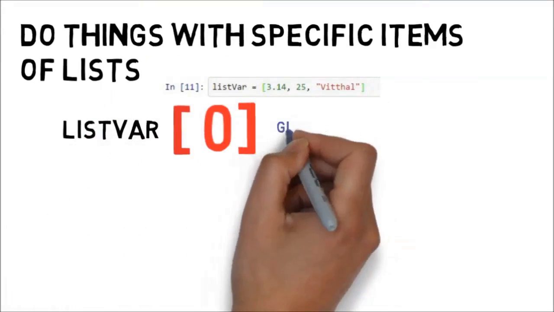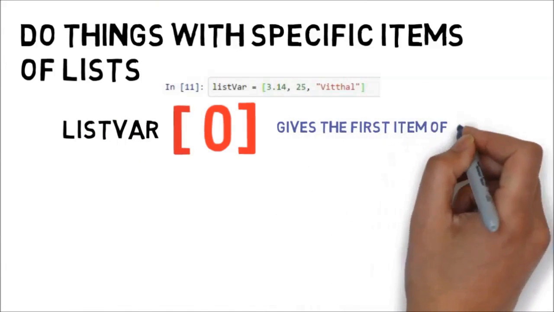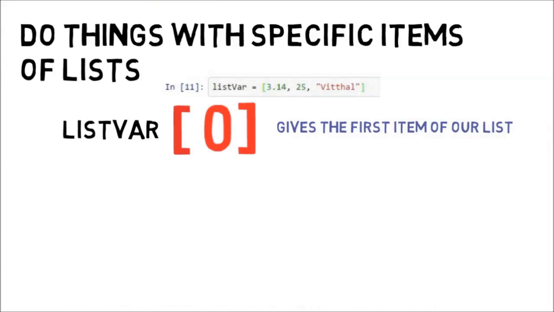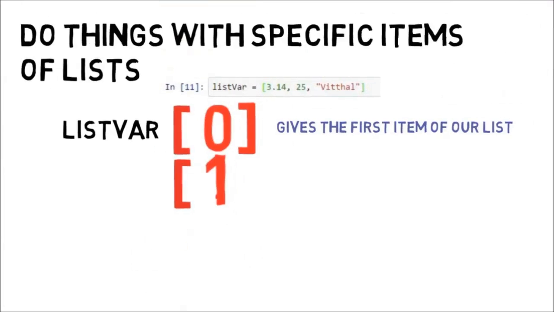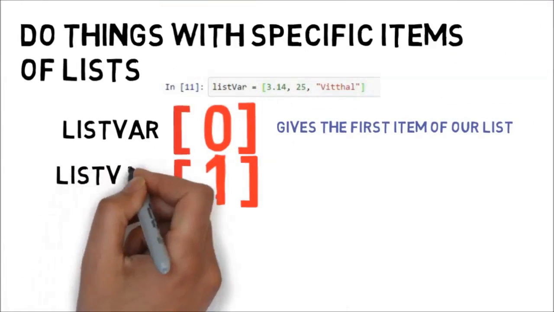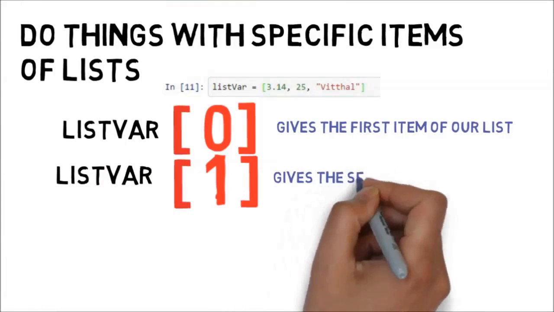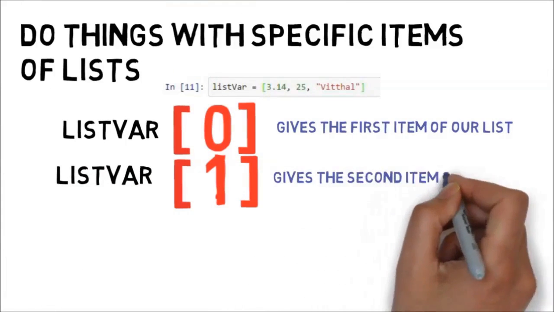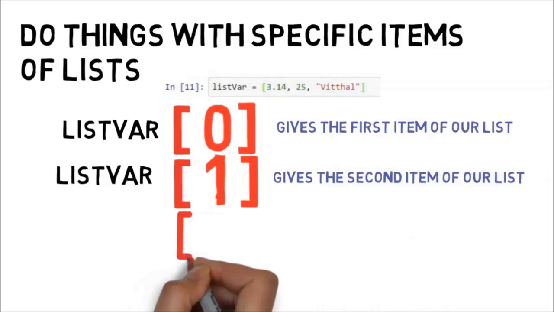So list_var[0] gives the first item of our list. So if you try to print list_var[0], it will print 3.14. Similarly, list_var[1] will give the second item of our list. It will print the number 25 when you try to print list_var[1].